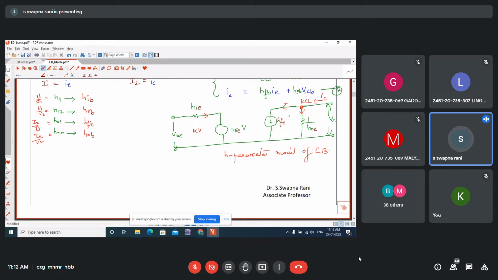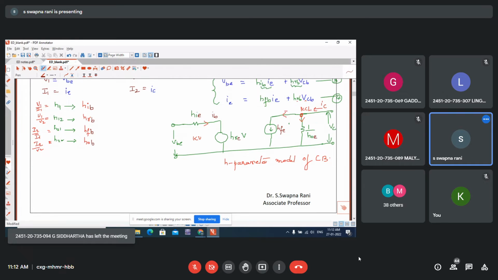Based on the input and output currents, this will become base current. This is anyhow collector current. This will be the HR into V2, right? So this is VCE, and this is IB. Now this is the common emitter model, CE model.